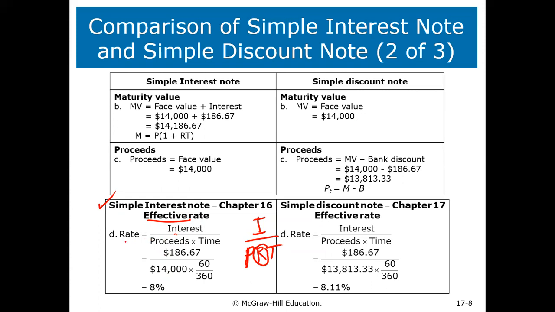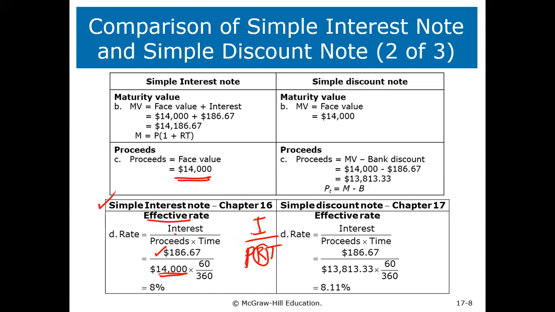So let's show this computation. We know that the interest is 186.67. The proceeds, or the amount that will be obtained now, is 14,000. So no deductions, right? When we borrow 14,000, we get the whole amount.